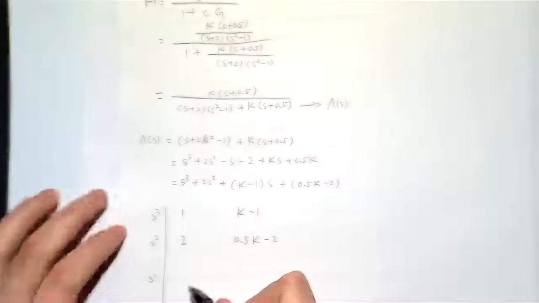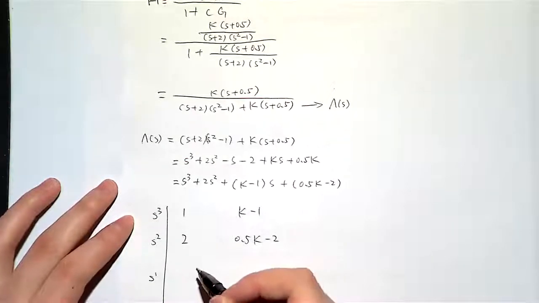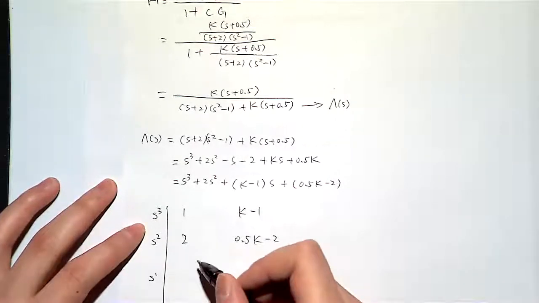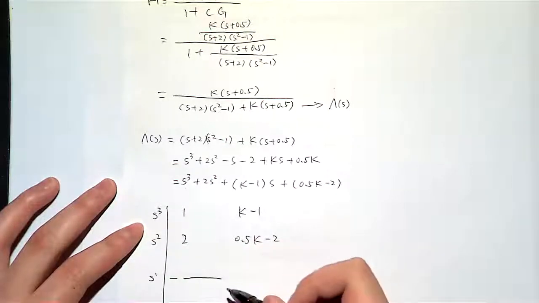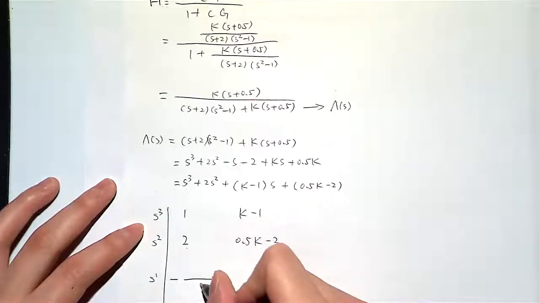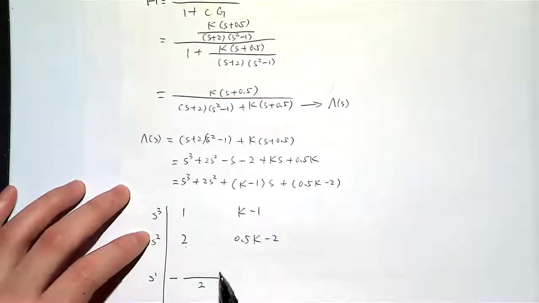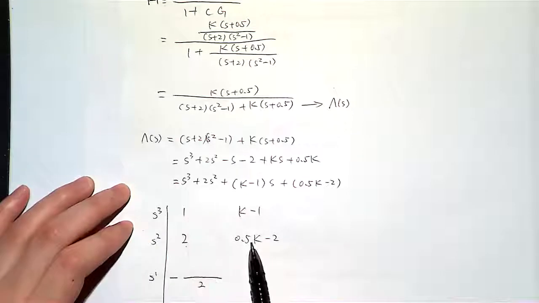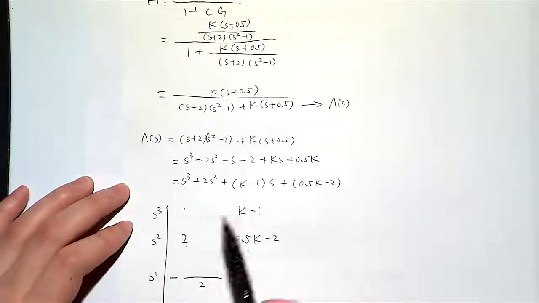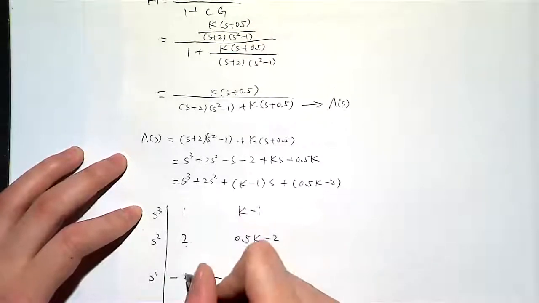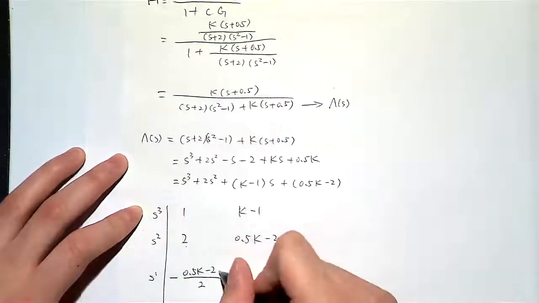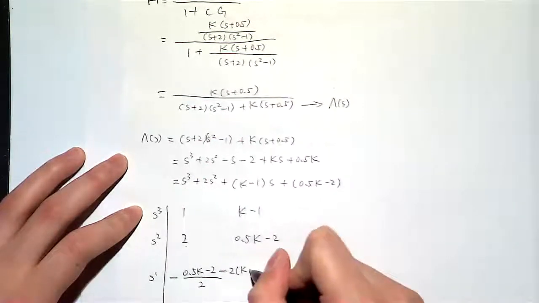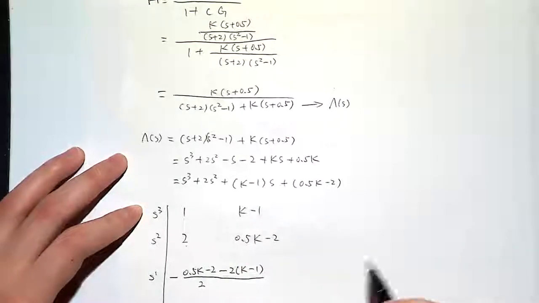So this term, using the formula, you get it is negative. On the denominator, you get this term, right? So it's 2 here. On the numerator, you get this times this minus this times this, right? So you have 0.5k minus 2, and this is minus 2 times (k minus 1), right? This is this term.